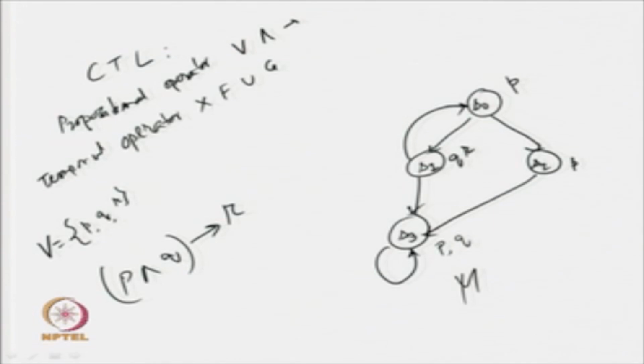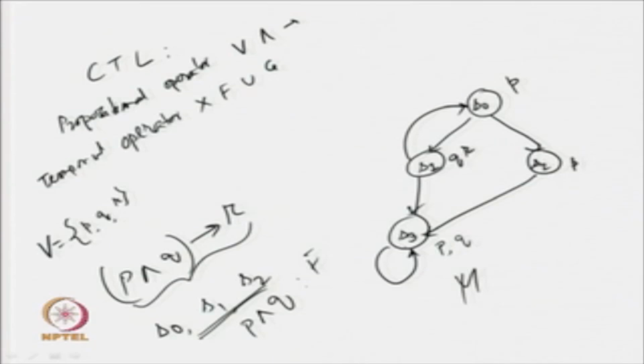In states S0, S1 and S2, the component P and Q is false. P is true but Q is false, Q is true but P is false, P is true but Q is false. So, P and Q is false in these three states. Since this is false, P and Q implies R will be true in these three states.